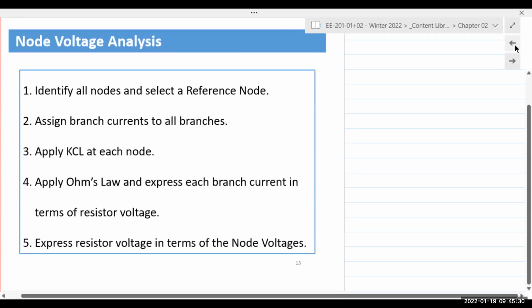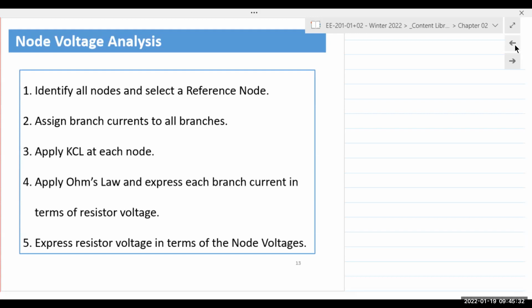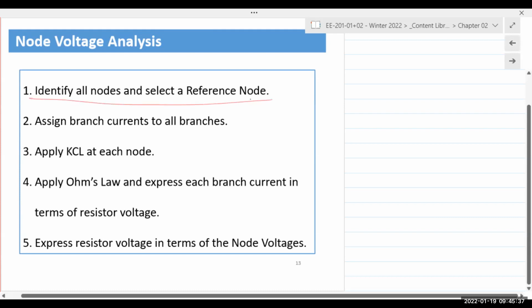Okay, so this is just a summary of the steps of node voltage analysis. The first thing we do is identify all the nodes and select a reference node.